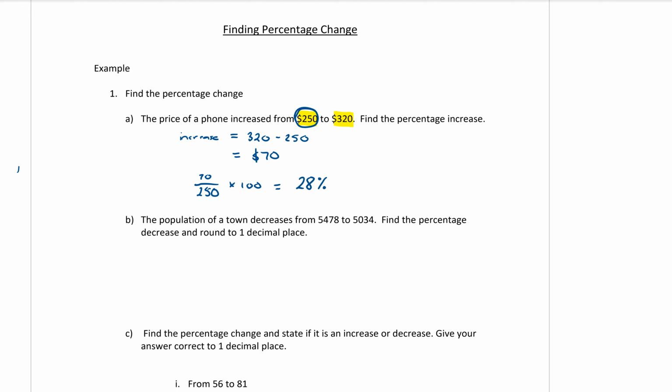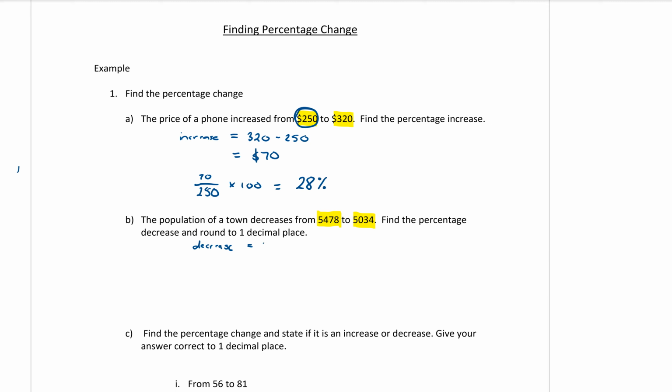Let's practice that again for part B. The population of a town decreases from 5,478 to 5,034. Find the percentage decrease and round to one decimal place. So this time we are decreasing, so we're going to write decrease, and we're going to find out what the difference is between those two numbers.